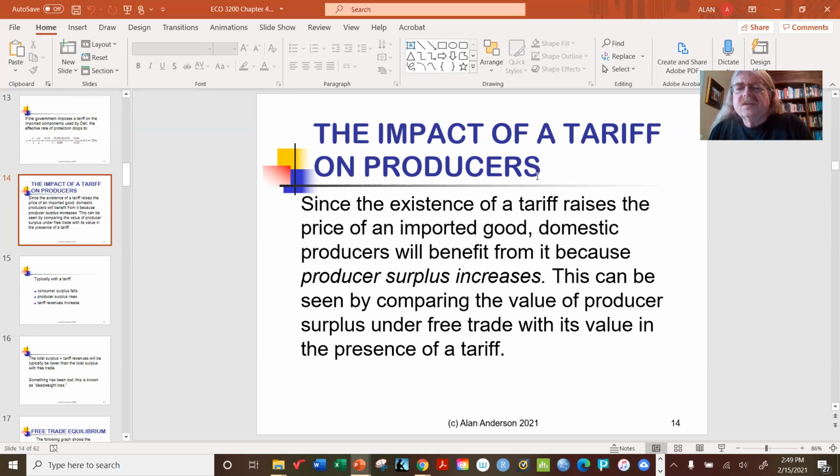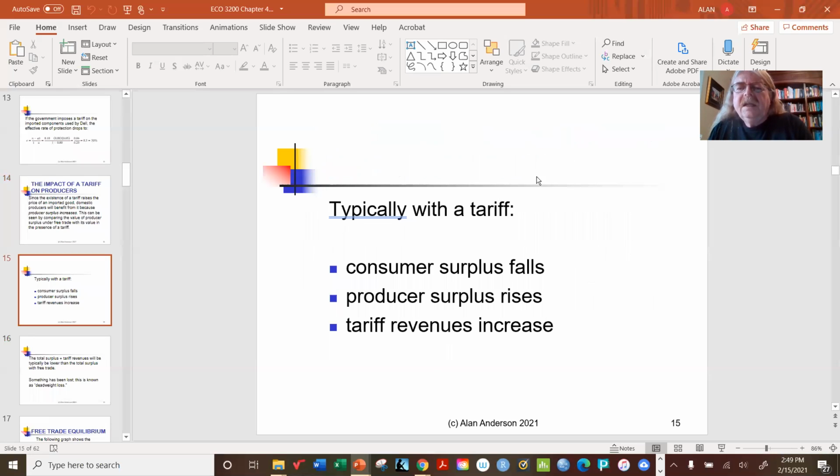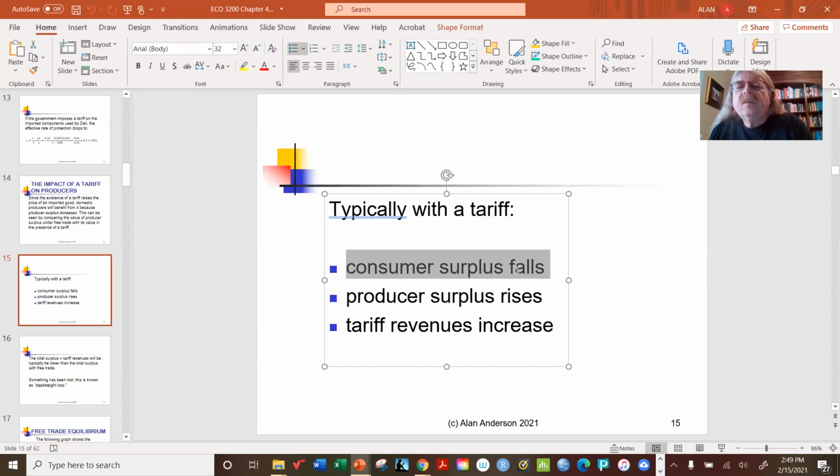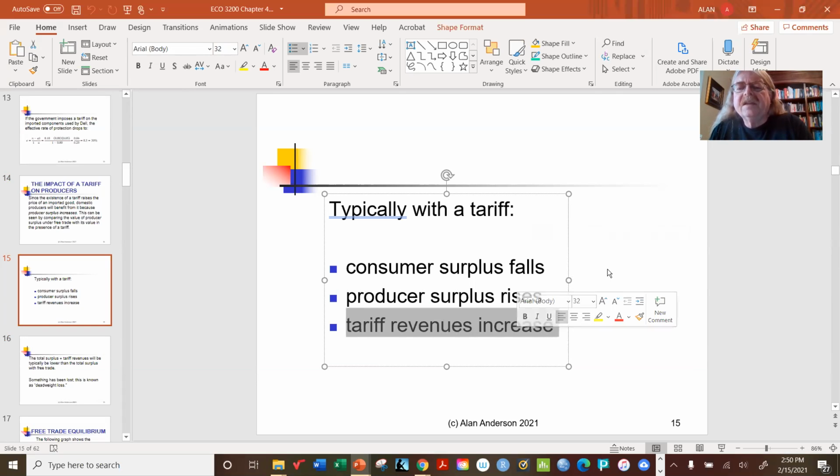That raises their producer surplus. The problem, though, is that consumer surplus is going to fall because we will end up having less of the product and paying a higher price for it. So the consumer surplus may fall by a much larger amount than the increase in producer surplus, even combined with the tariffs that are being paid to the government.